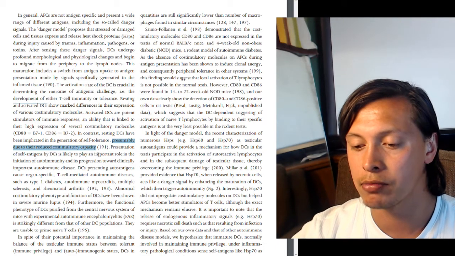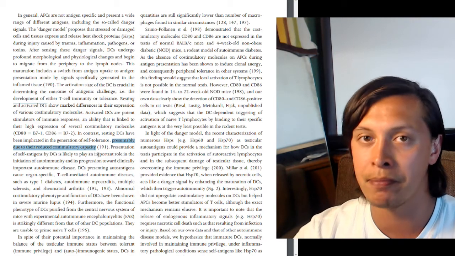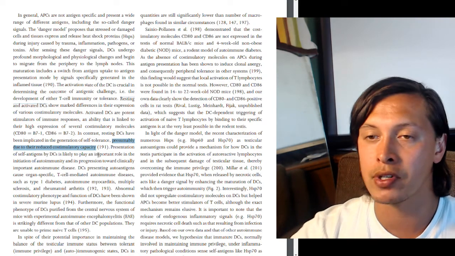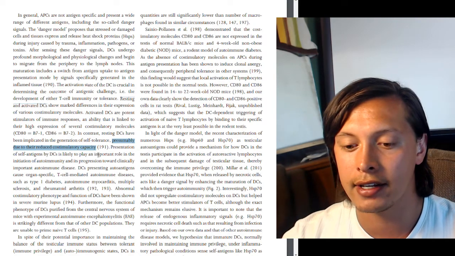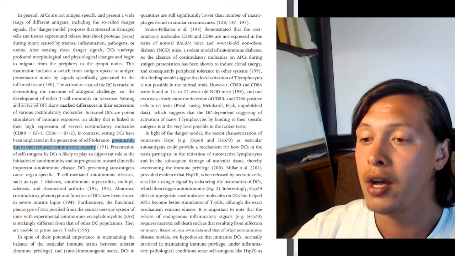So I won't attack them because, for instance, I don't know exactly how it works, but maybe a dendritic cell picks up an antigen from a very beneficial bacterium, right? And it presents the antigens that the bacteria had on its surface.